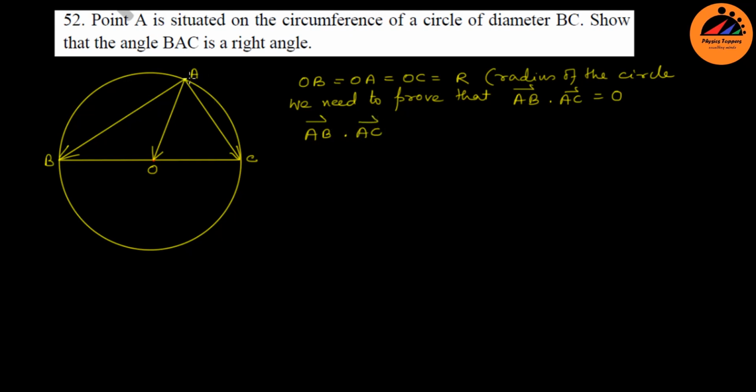Now we need to write AB and AC in terms of AO, OB and OC. So AB is what? AB is AO plus OB. All are vectors, right? OC is also a vector. So AB we can write as AO vector plus OB vector, dot AC, which is AO vector plus OC vector.